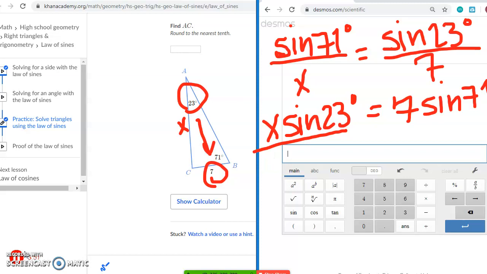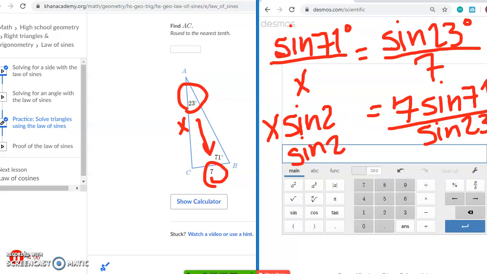Divide, we're to get X by itself. Had a brain freeze for a moment. So let's divide both sides by the sine of 23 degrees. Okay, this part cancels, leaving you with X equals 7 times the sine of 71 degrees over the sine of 23 degrees. And this we can just put in the calculator.